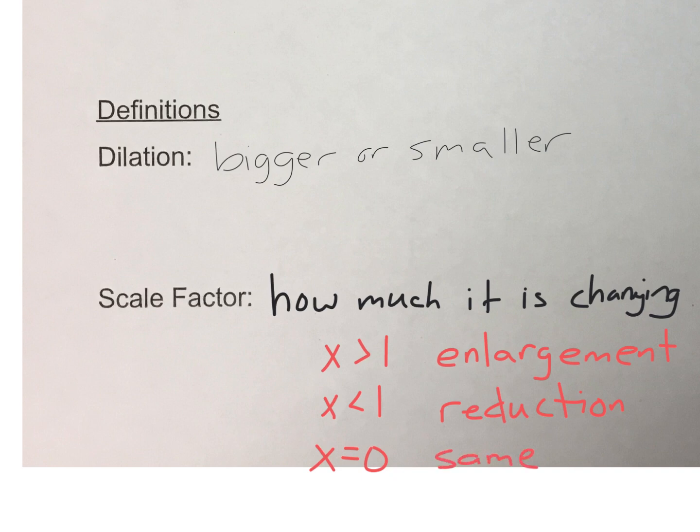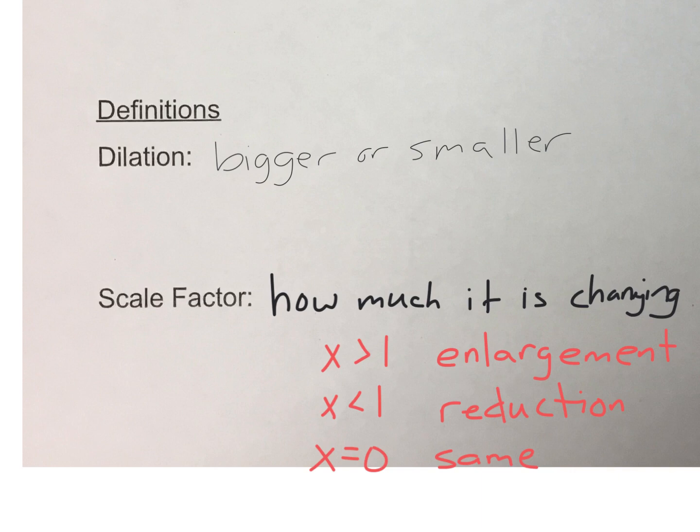So if x is greater than 1, like 2, 5, 10, anything, it's enlarging. If it's less than 1, like 1/2, 1/4, 0.5, it's a reduction. And if it's 0, it stays the same. Nothing's happening. Questions about those 3 scale factors?